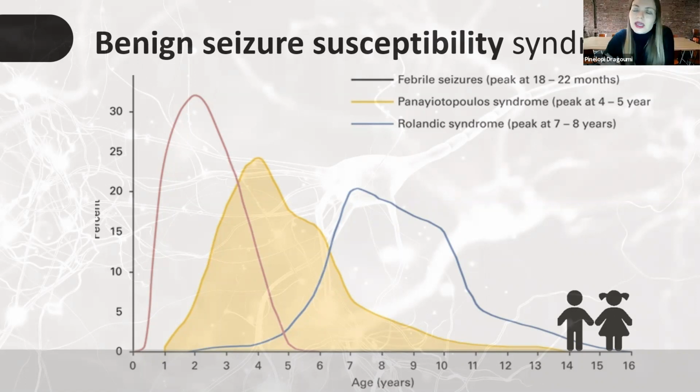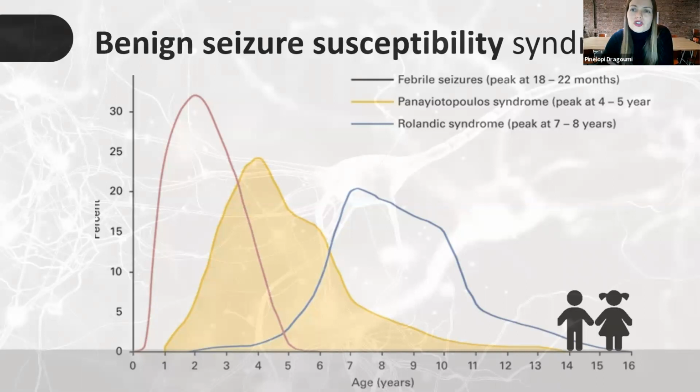And this is a concept of immaturity of some networks that predisposes some children to have seizures and lowers their seizure threshold. And this is genetically determined as well, but not monogenic in any way. And so we have families where a lot of members might have febrile seizures or these benign focal epilepsies.